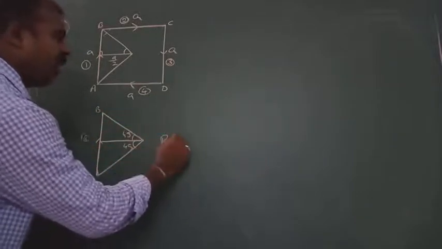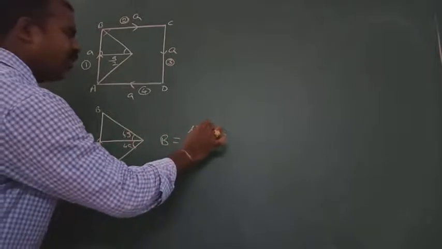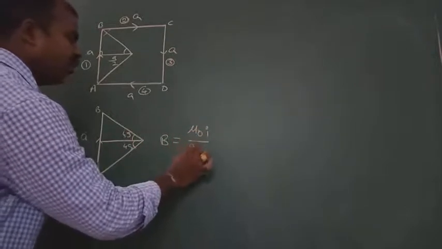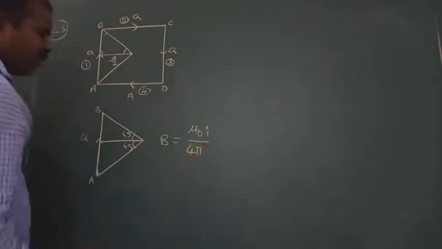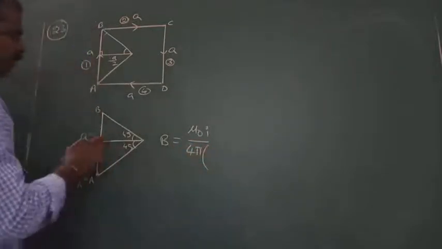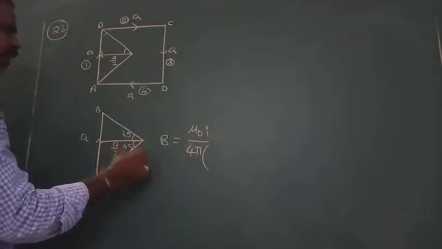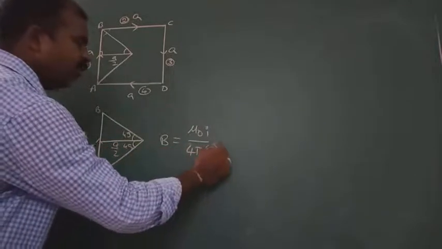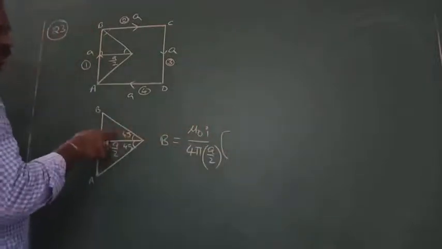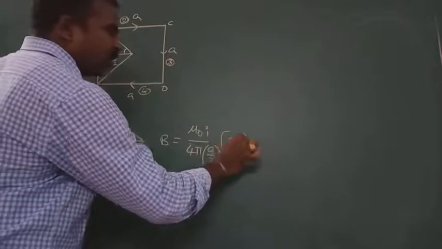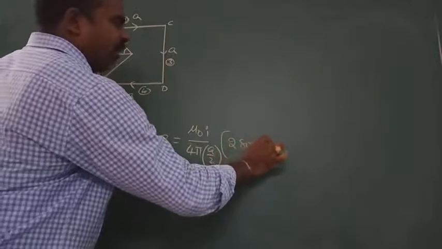For a current carrying finite wire, the formula is B equals mu naught I by 4 pi A, where A is the perpendicular distance. Here the perpendicular distance is A by 2, and it is sin alpha plus sin alpha, which is 2 sin 45 degrees.